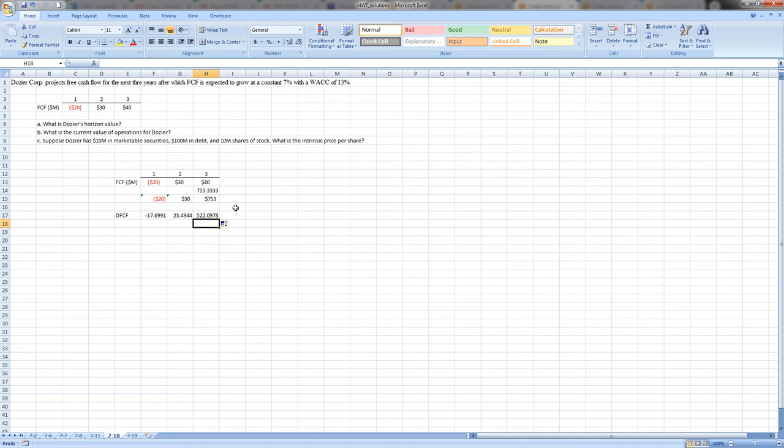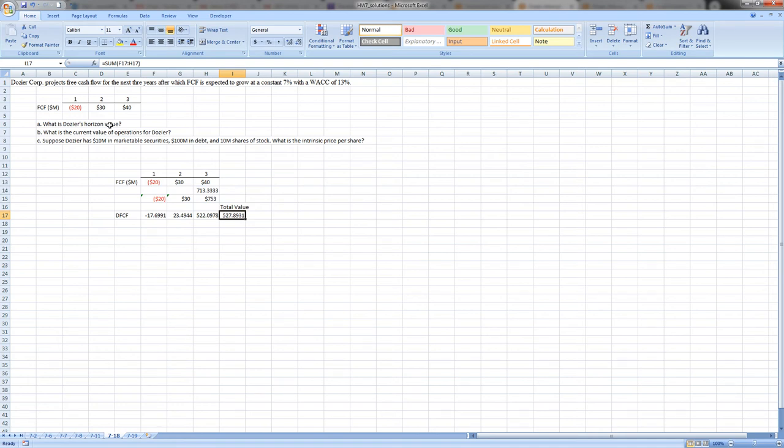Next, we need to sum these cash flows, so the total value. So the total value of operations for Dozier is 527.8931.